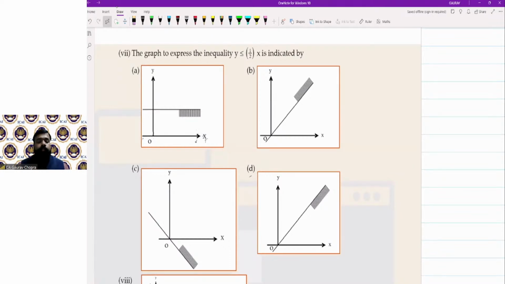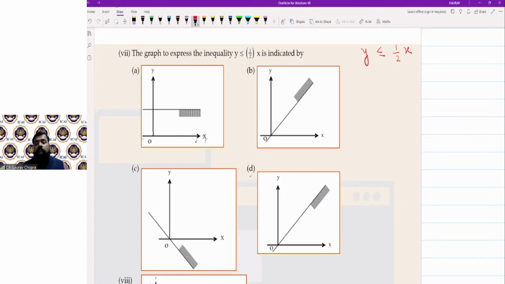Then seventh one. The graph to express the inequality y less than equal to 1 by 2x. y less than equal to half of x. Now in this case the problem is what?